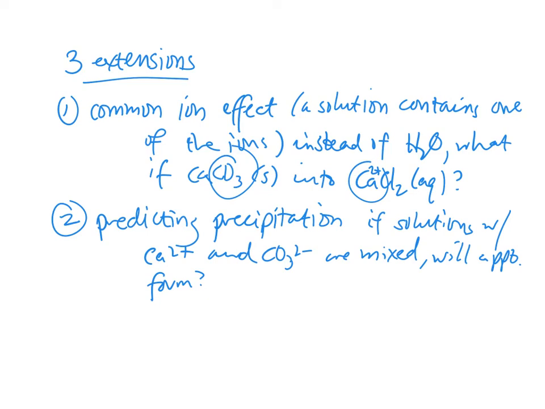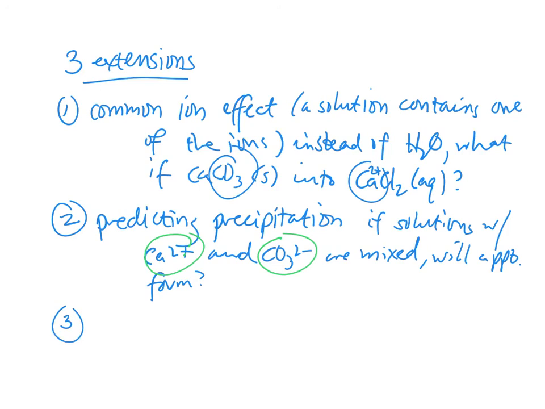That's a fairly easy calculation in this particular circumstance, because you would just multiply the molarities of calcium and carbonate together according to the KSP expression, and then do a little Q versus K, and if it's higher or lower than K, that tells you whether there would be a precipitate or not. We'll do an example problem of that in the next video as well.